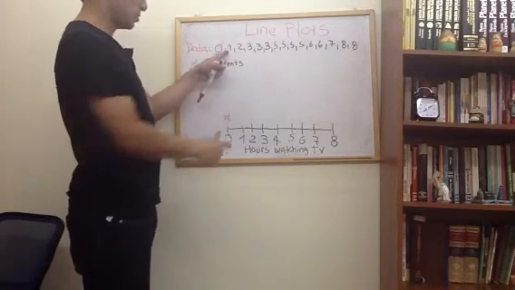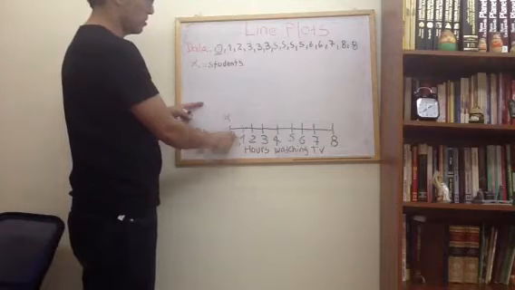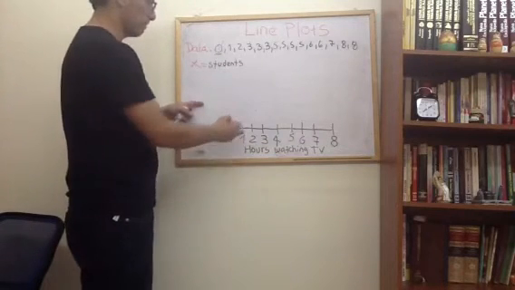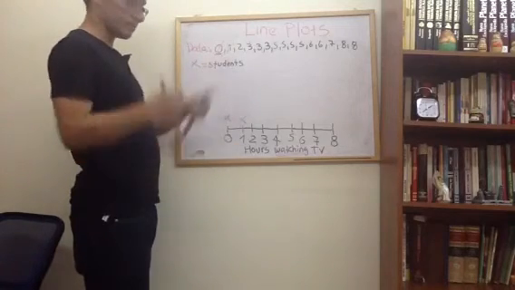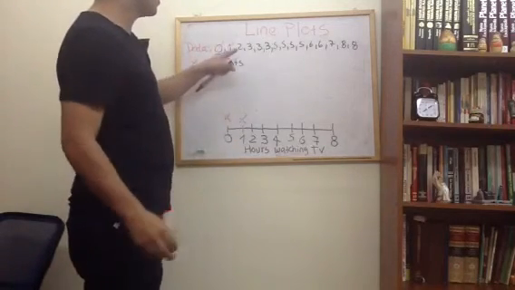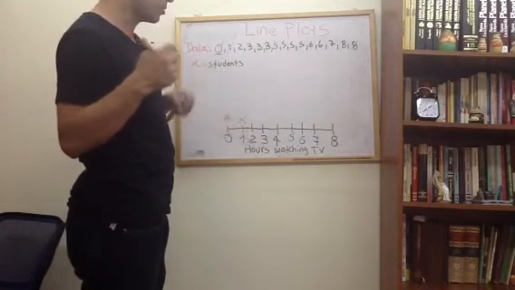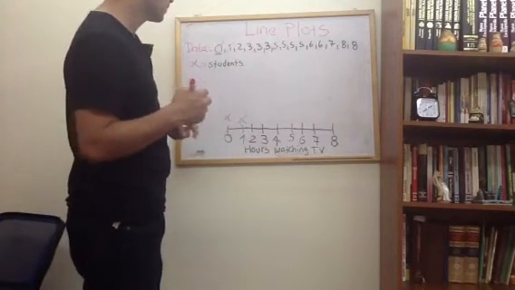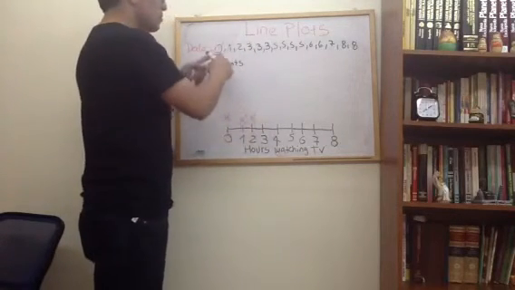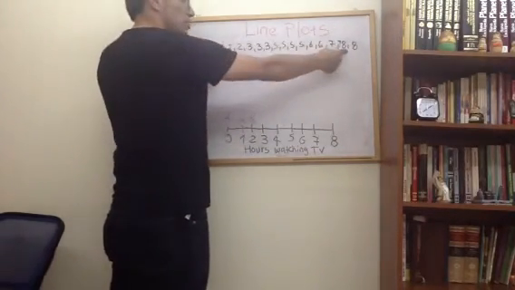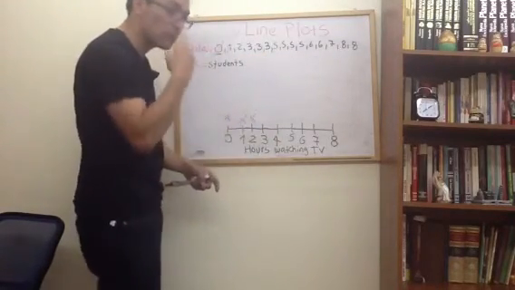How many students watch 1 hour of TV? 1. How many students watch 2 hours of TV? Okay, so just 1. Remember that those numbers here correspond to the numbers of hours that they watch TV.